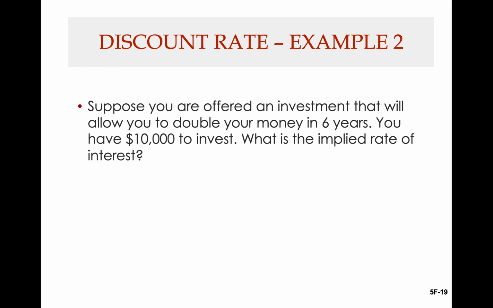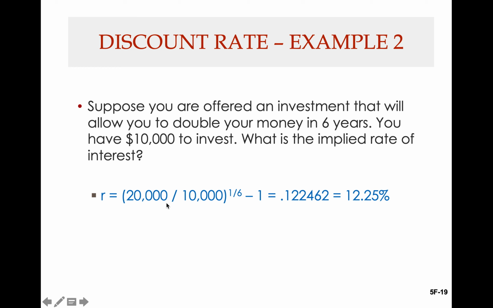Next one. Suppose you are offered an investment that will allow you to double your money in 6 years. You have $10,000 to invest. What is the implied rate of interest? Again, using the formula, you know that your $10,000 investment will be doubled in 6 years, meaning that your future value, your FV, is 20,000.